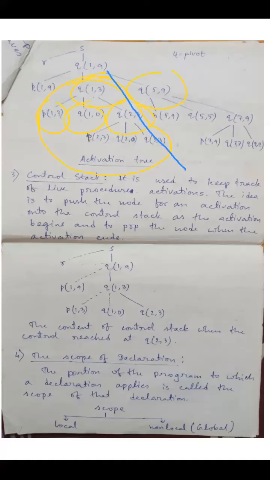That's why in the stack, when you are executing this portion, of course Q59 will not be there. It will come when you complete this section. Then Q59 will come. Okay, any more questions?